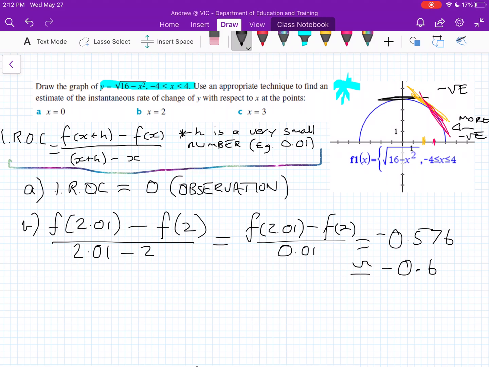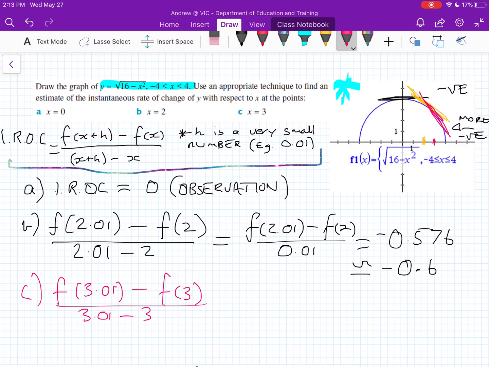For part c, I'll use the colour I used when we were looking at 3. We're just going to do the same but with the value 3. So f of 3.01 minus f of 3, all over 3.01 minus 3. You'll put this into your CAS. I'm not going to show the second step here, or you could work them out individually.